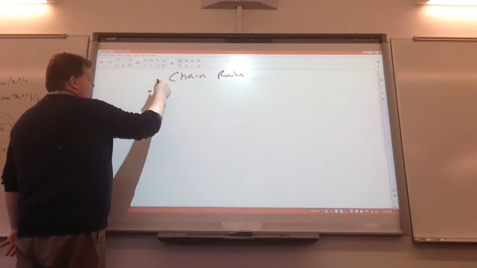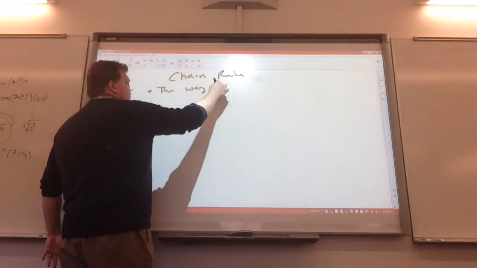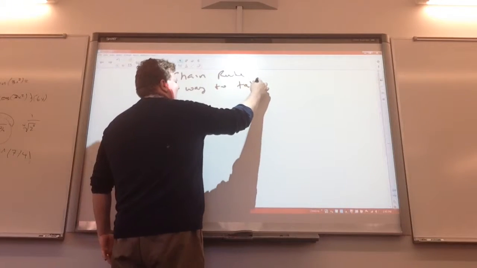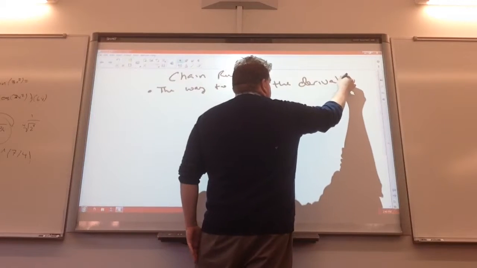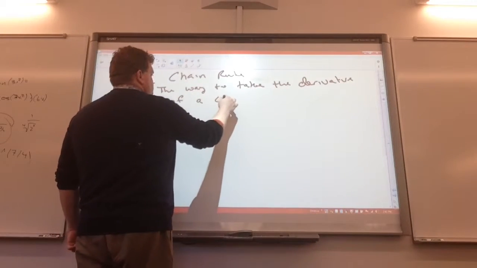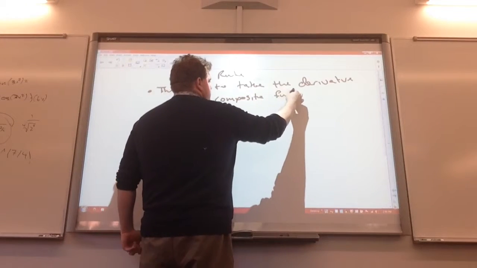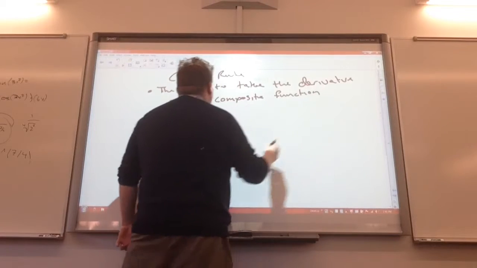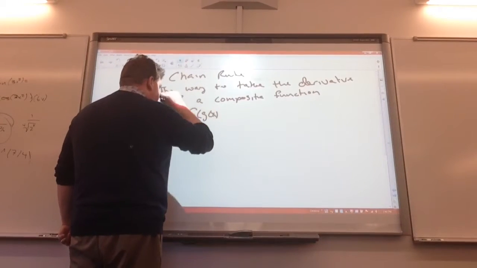Chain rule is basically the way to take the derivative of a composite function, f of g of x. Okay?